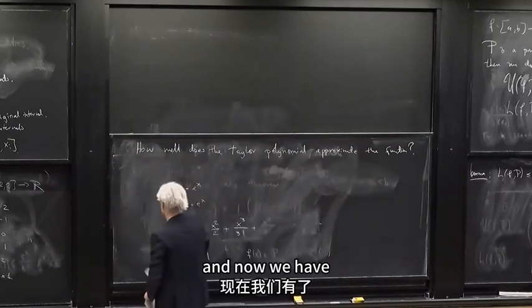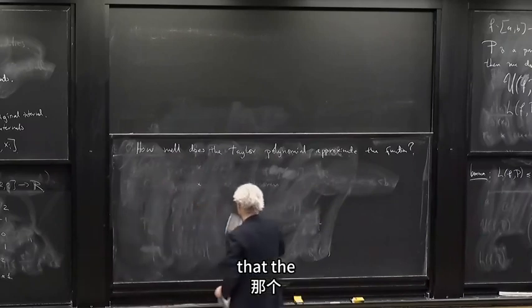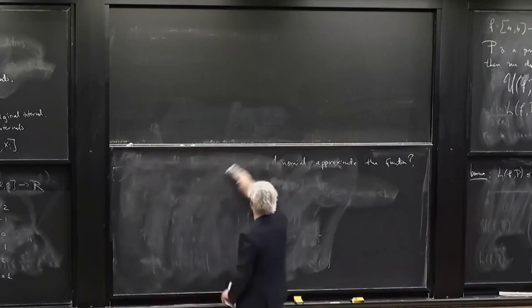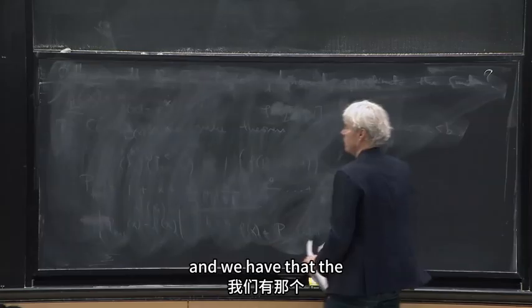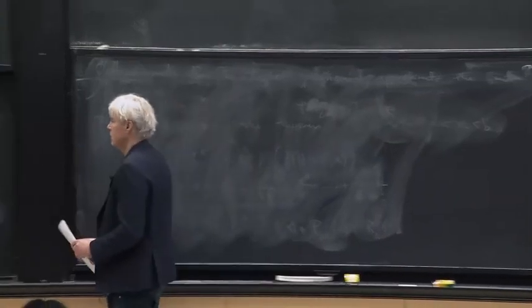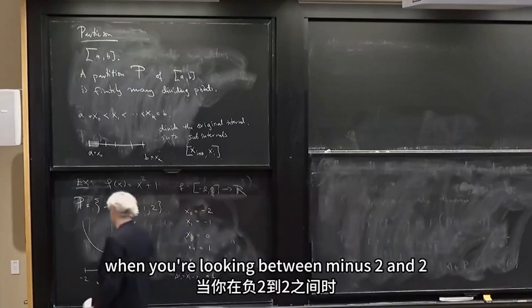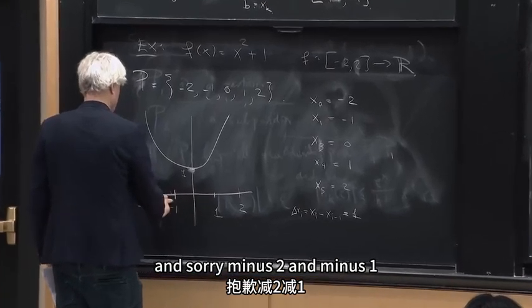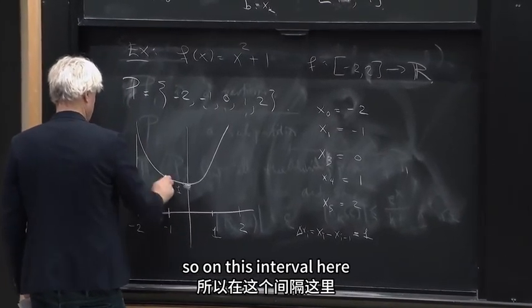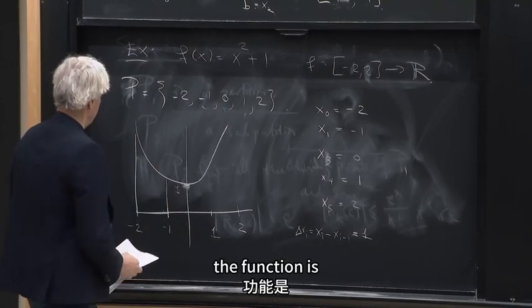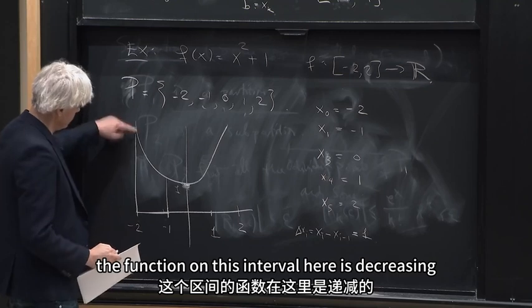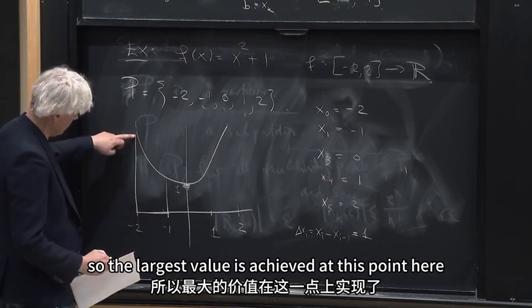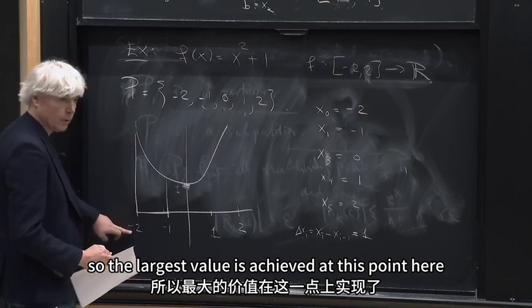And now, looking between -2 and -1, on this interval the function is decreasing, so the largest value is achieved at this point here.